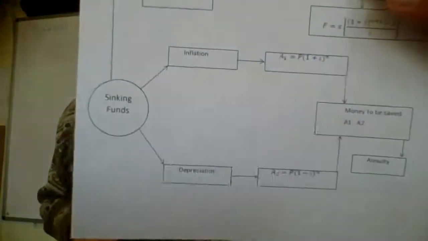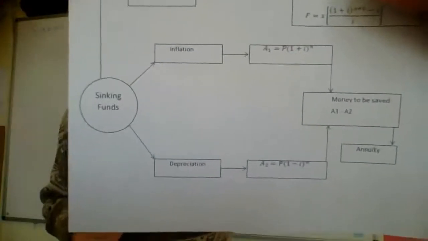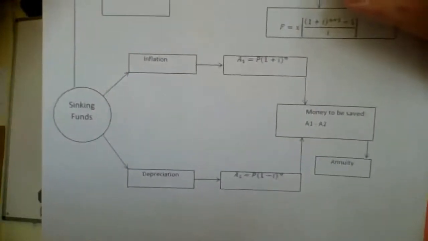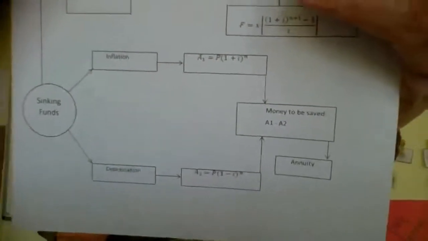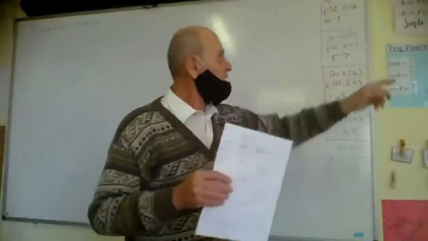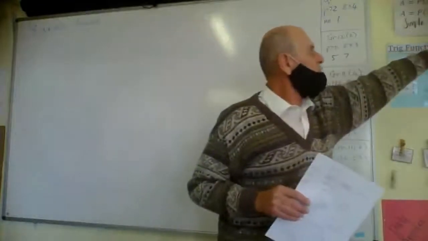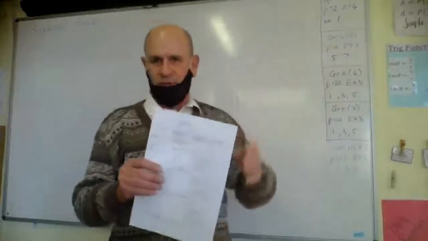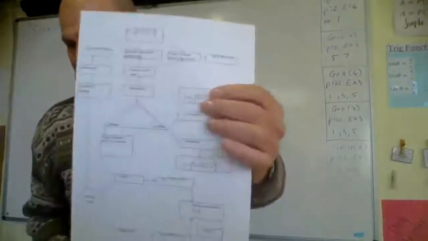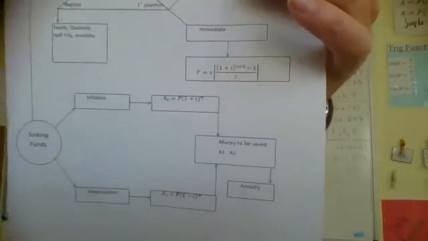And number 22, with 21, the depreciation formula will then be this one: A equals P(1 minus i). It depreciates with that. And in block number 17, just write the other one, P(1 plus i).